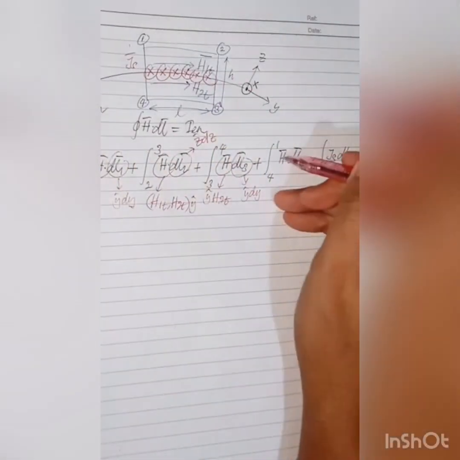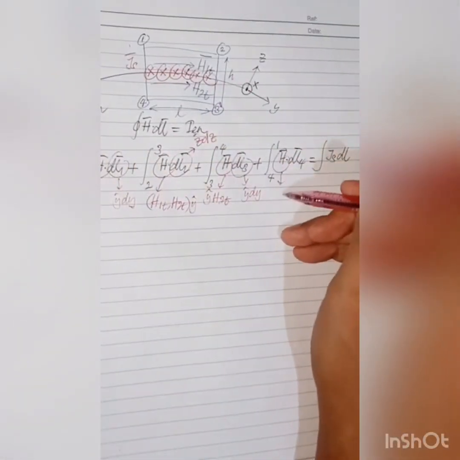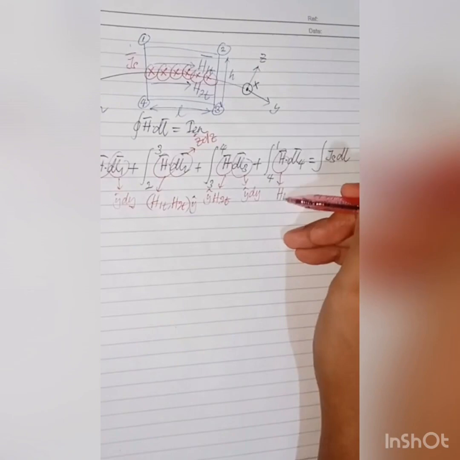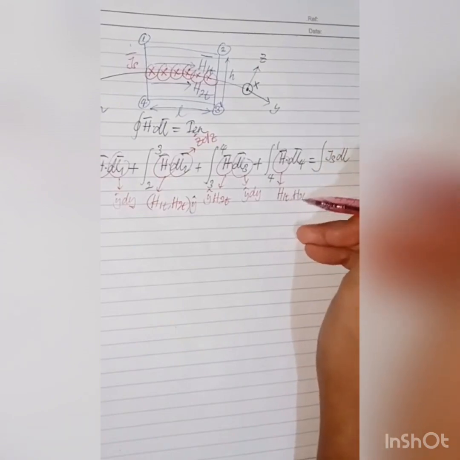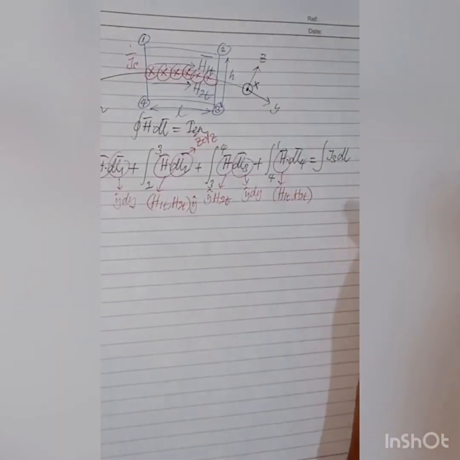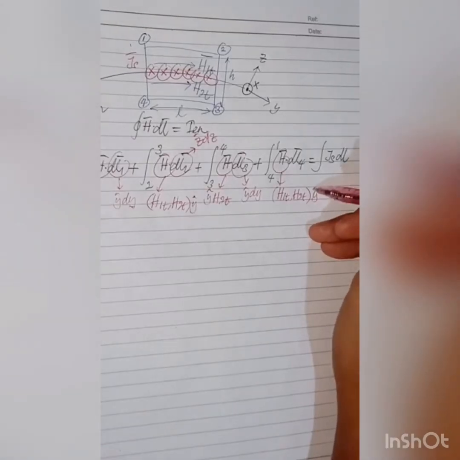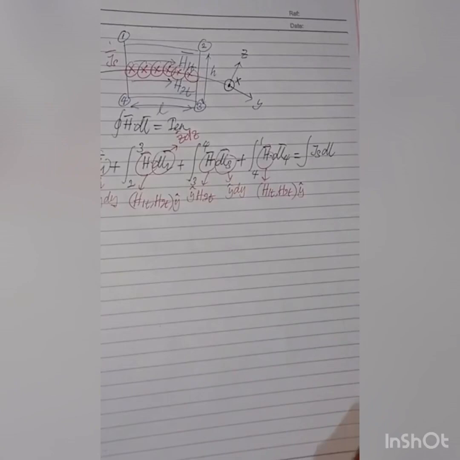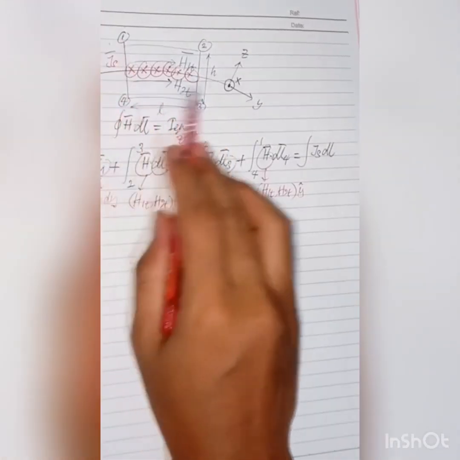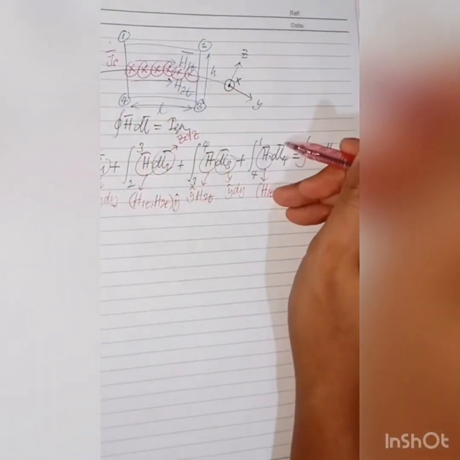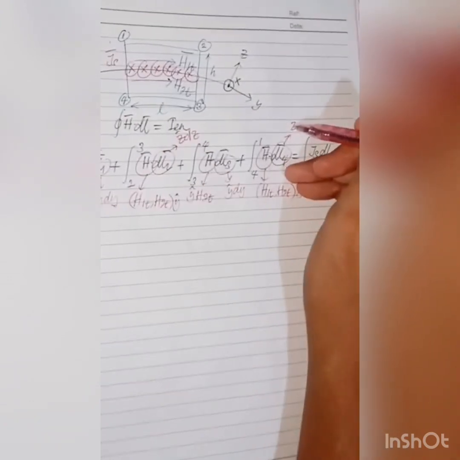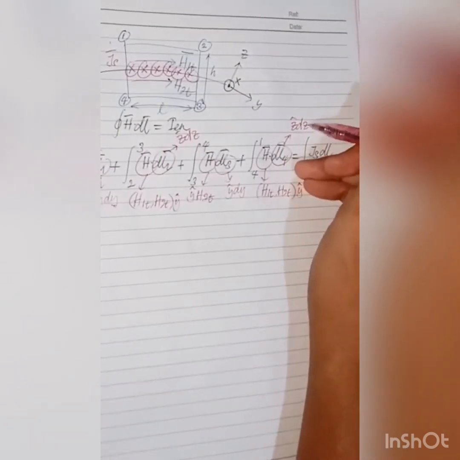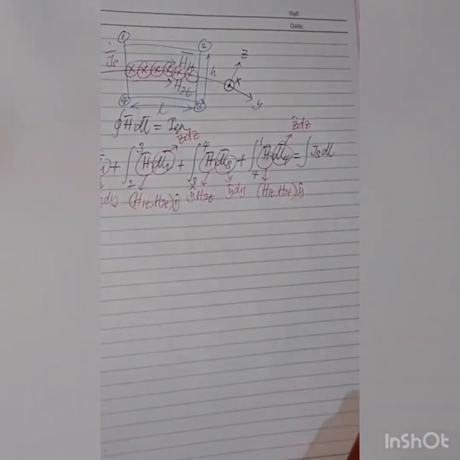So you can simply change this H, composed of two t, which is H1t and also H2t, both of them having positive y directions. And lastly, since the path here lies along the z-axis, you can simply change the L4 here equal to z dz, isn't it?